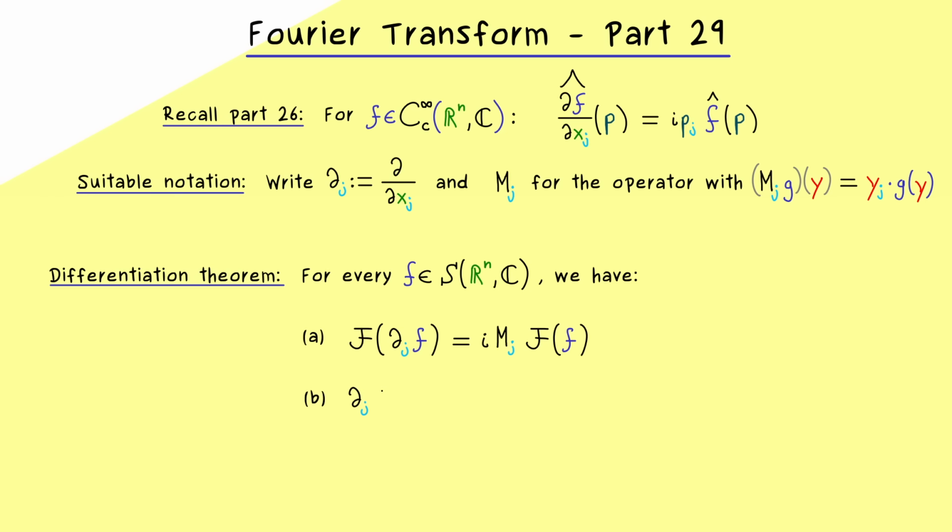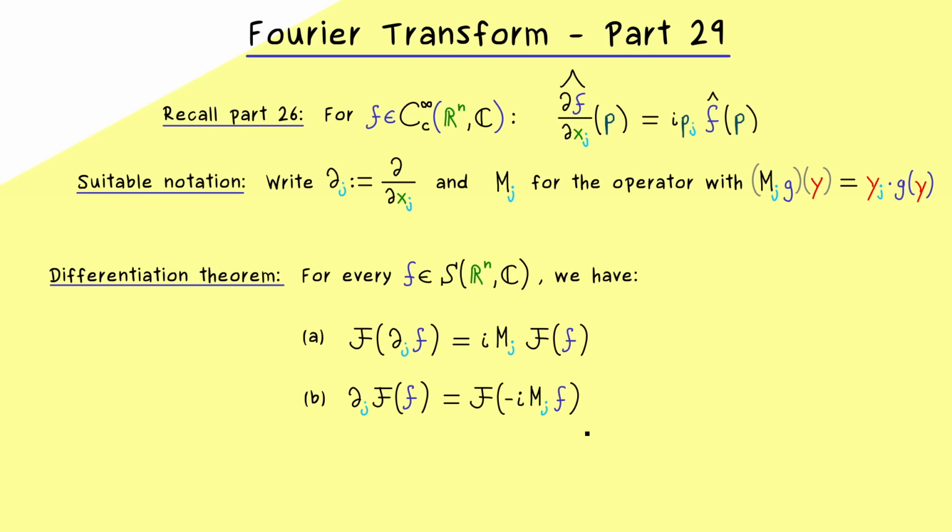And in fact, now in part B, we will see that this also works the other way around. In other words, now we want to know what happens when we want to push the differentiation del j into the Fourier transform. And now, maybe not so surprising, it simply becomes a multiplication operator, minus i M_j. And here please note, if we wrote this formula with variable names, we would use x_j for our multiplication operator.